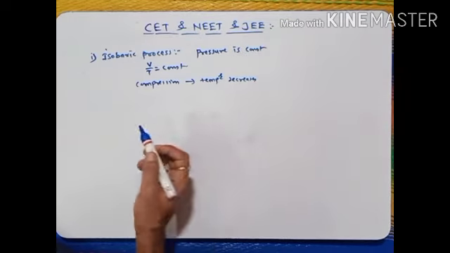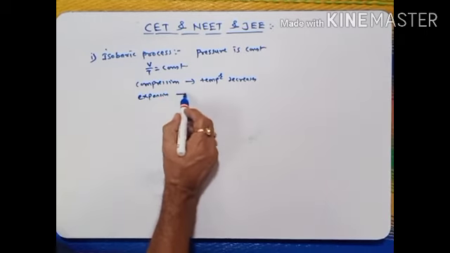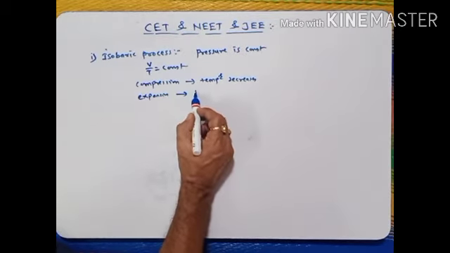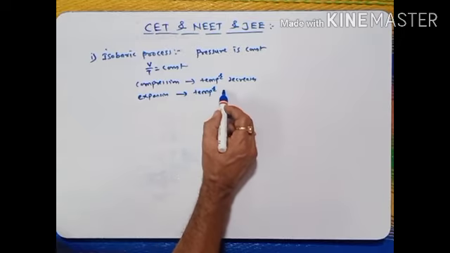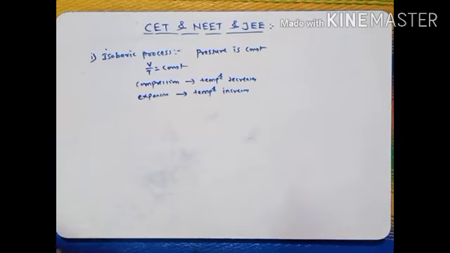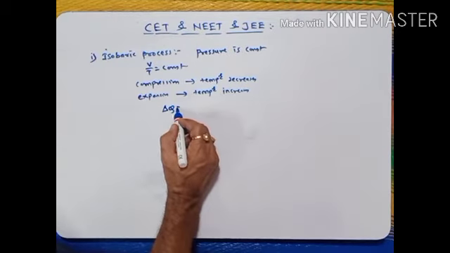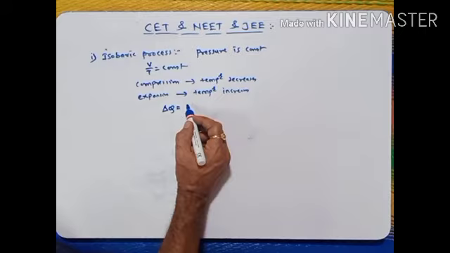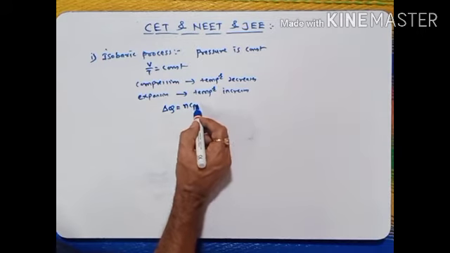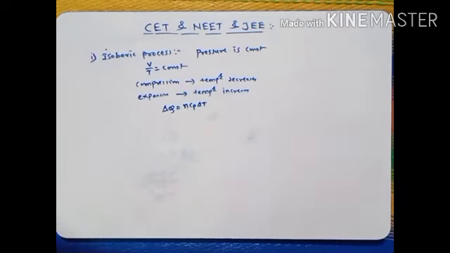While in isobaric expansion, temperature increases and heat flows into the system. The amount of heat delta Q transferred is given by this equation, that is delta Q is equal to n Cp delta T, where n is the number of moles.